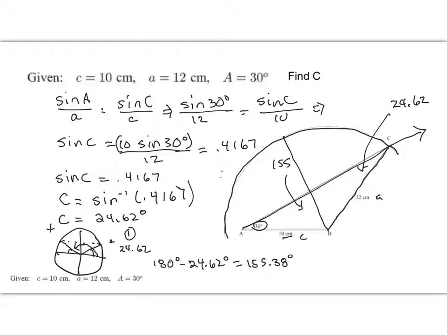So this one must be 155.38. So I take 155.38 degrees and I add it to 30 degrees. I get 185.38 degrees.